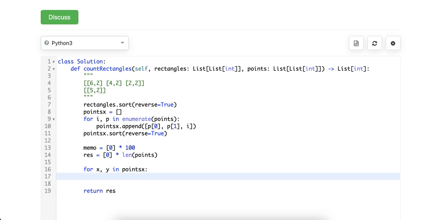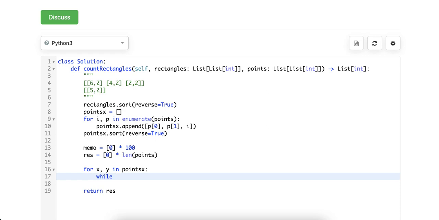So for each point, we will check for each rectangle. But we want to leverage the fact that we already sort the points so that we don't need to check the same rectangle. Because if the higher point, the point with the bigger x, already being checked, we don't need to check anymore for the points that have the same or smaller x, because we will already calculate everything.